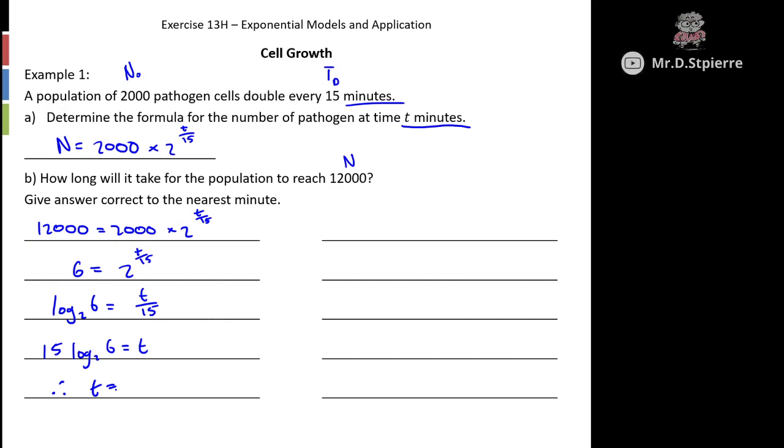So let's have a go at that. 15 log base 2. Sorry, the calculator's battery's dying, it's giving me grief. It's alright, we'll go to the internet. 15 times log of base 2 of 6 is 38.77.